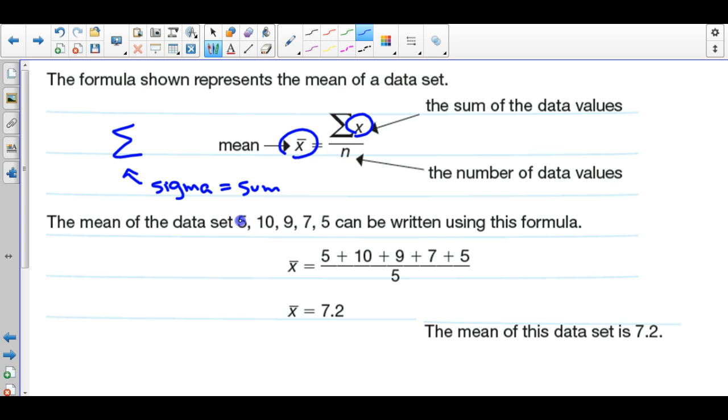So let's say I take 5, 10, 9, 7, and 5, and I want to find the average. You would add up all the terms and divide by how many there are. Since there are 5 terms, that's your n value. You add them all together, divide by 5, and you get a mean. Again, this is X bar, and X bar would be 7.2.